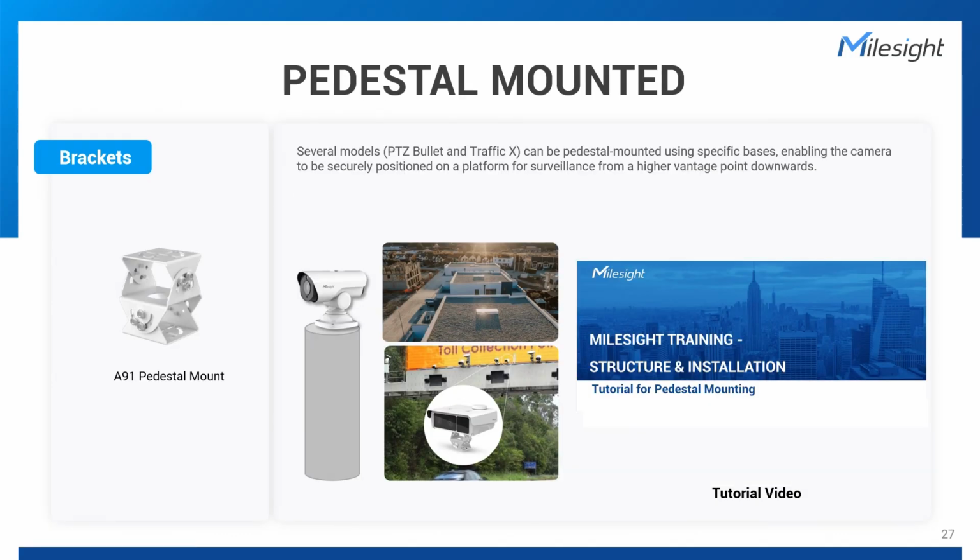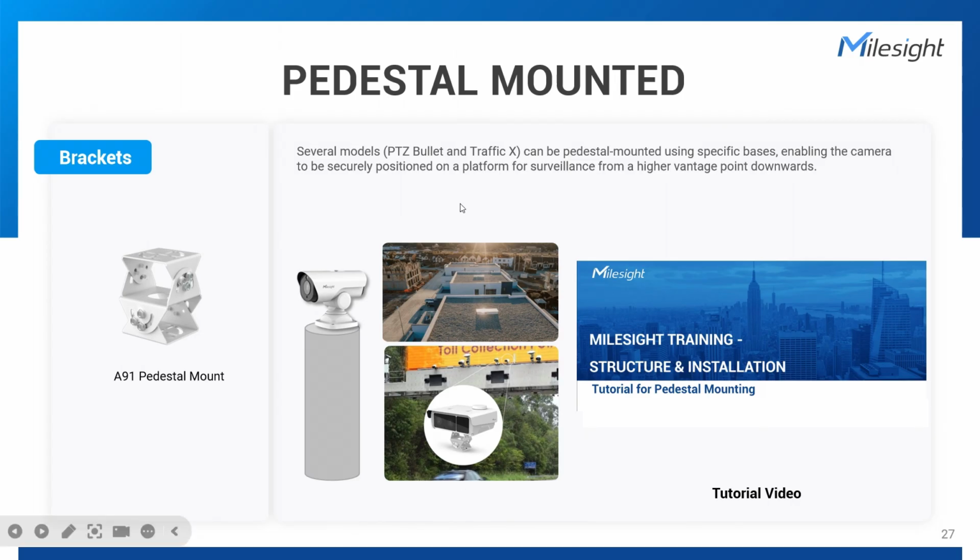We also have a special mounted method for several cameras, that is pedestal mounted installation method. Some of our cameras may have a special pedestal mounted base for a direct installation, and some of our cameras may still need a bracket for the pedestal mounted installation.